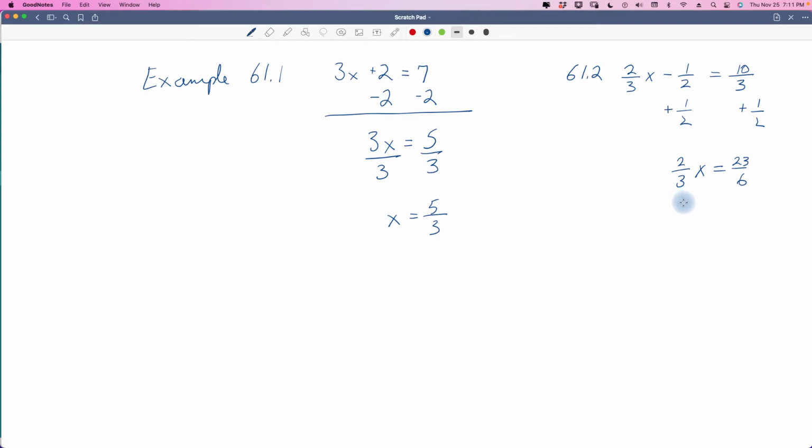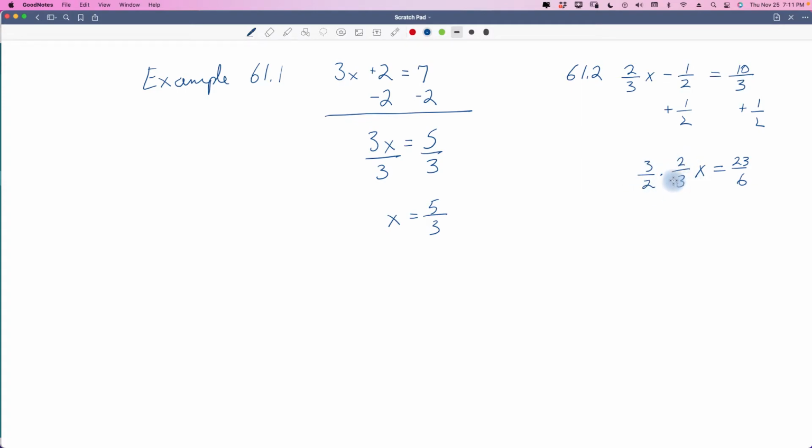So now what I want to do is do the inverse operation here. I have 2/3 times x. So what I want to do is use the reciprocal of this fraction. So I'm going to say 3 over 2 times x. Now how does that get rid of this? We don't like a fraction next to our variable.